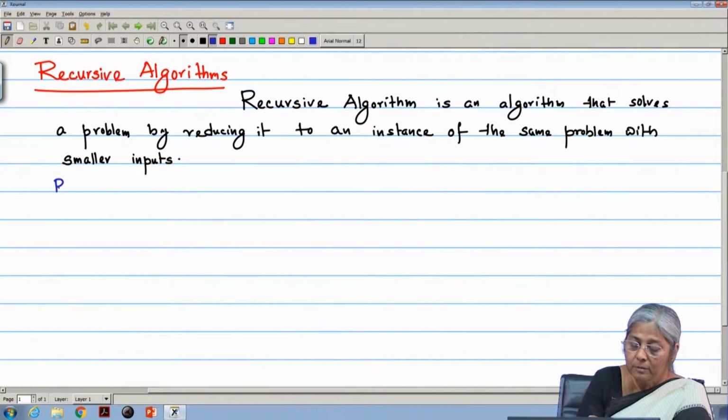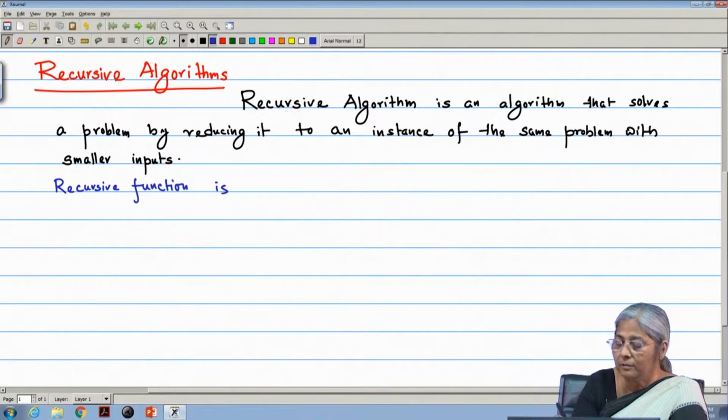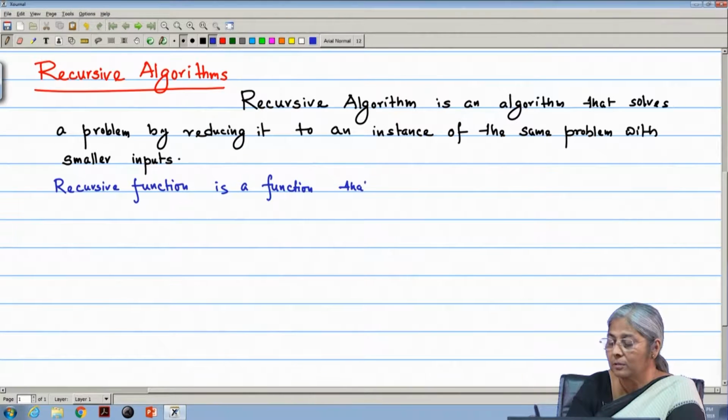A recursive function is a function that invokes itself.